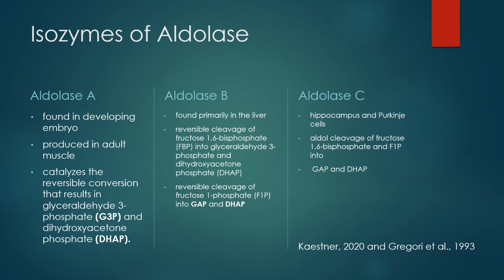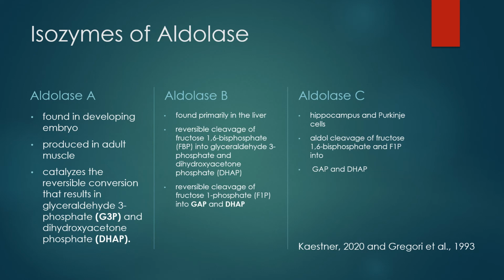Now remember that aldolase is an important enzyme, and it catalyzes fructose 1,6-bisphosphate into the two 3-carbon sugars in glycolysis. And in gluconeogenesis, it's going to do the opposite. It's going to take the two 3-carbon sugars and make them a 6-carbon sugar.